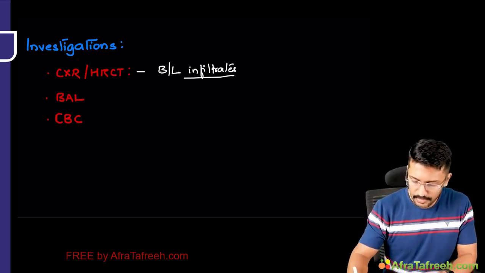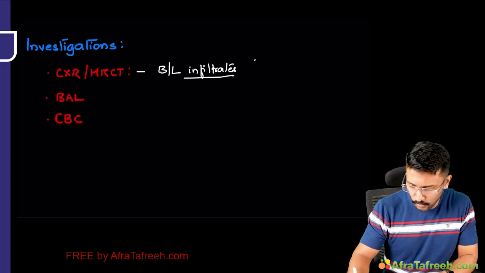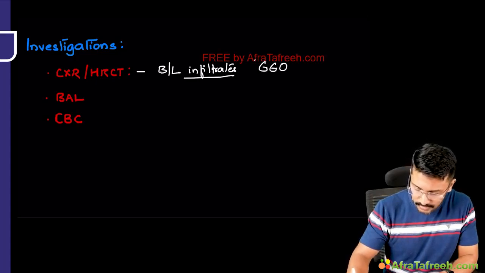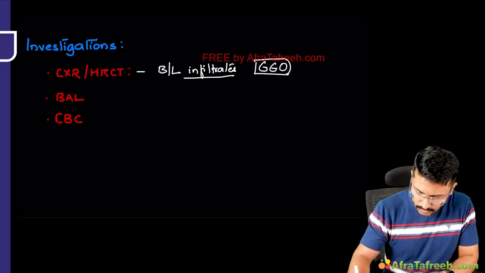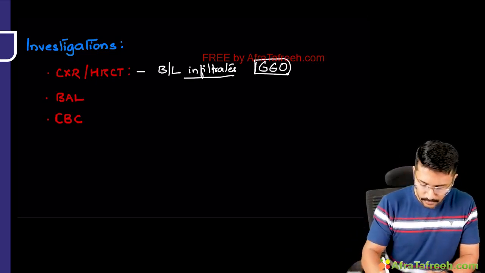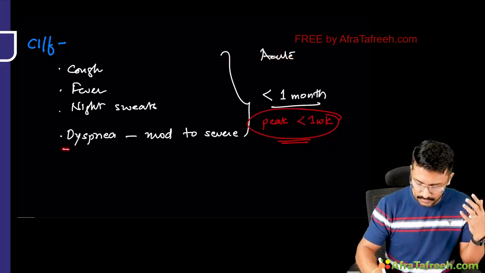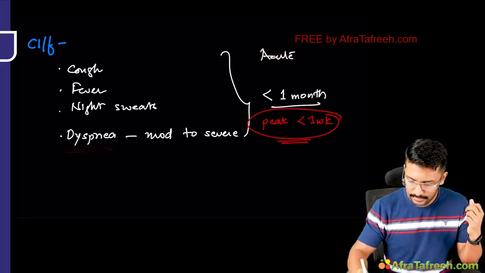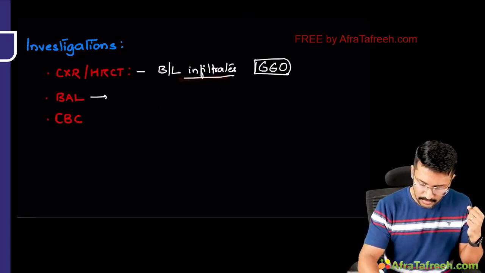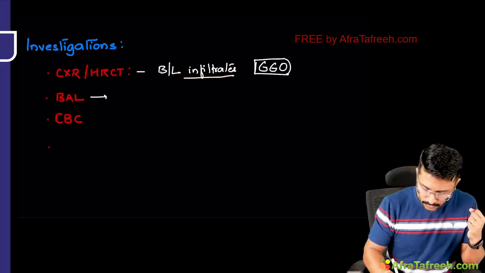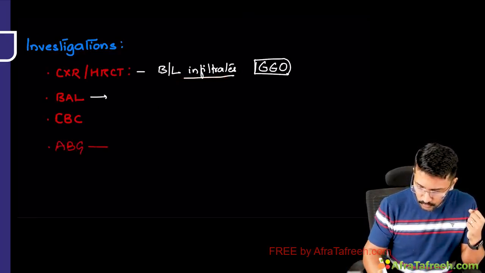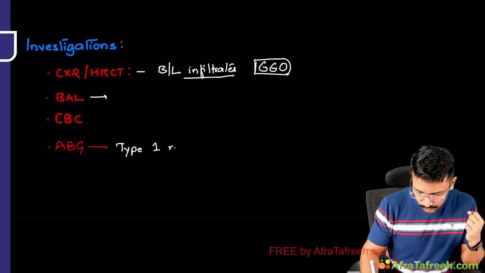Okay, and these infiltrates on the HRCT might look like ground glass opacities. Okay, these patients with this clinical presentation with severe dyspnea, bilateral infiltrates on the chest X-ray, and when you do an ABG, these patients would probably show severe hypoxia or type 1 respiratory failure.